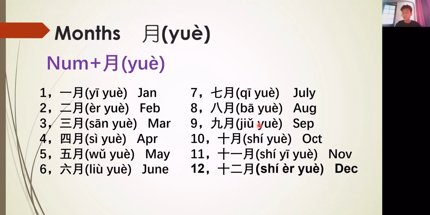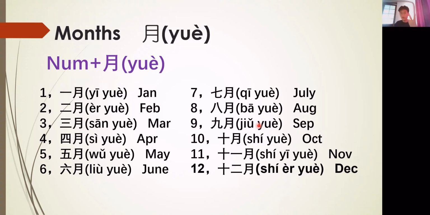In Chinese, 十月. And November is, so first we say 11 and then plus 月, right? 十一, it means 11. So 十一月, November. 十一月. 非常好.